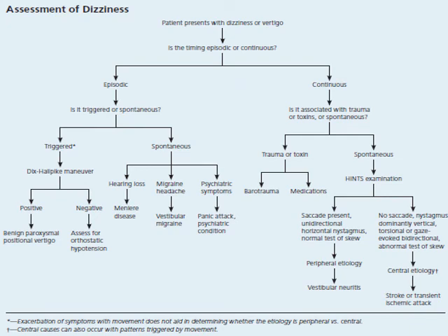This is a suggested algorithm for primary healthcare physicians to approach a dizzy patient. لو patient presenting with dizziness or vertigo أول سؤال هنسأله له whether it comes in attacks episodic ولا continuous.